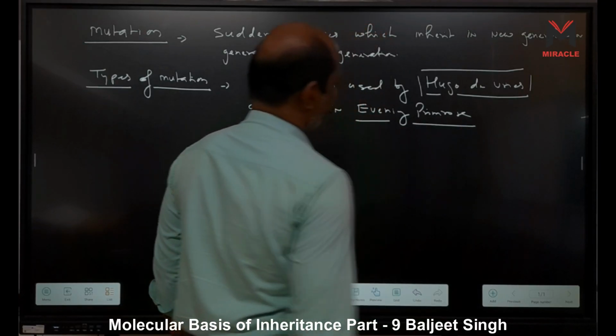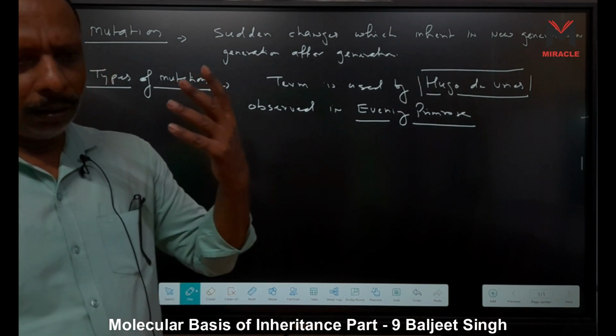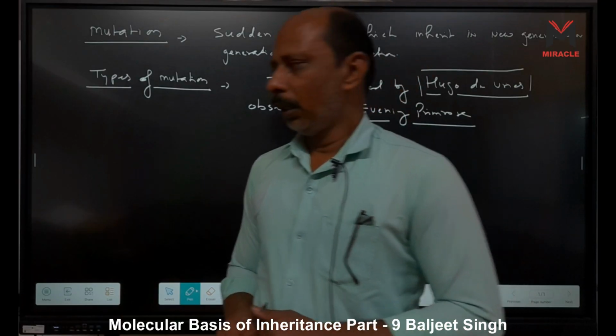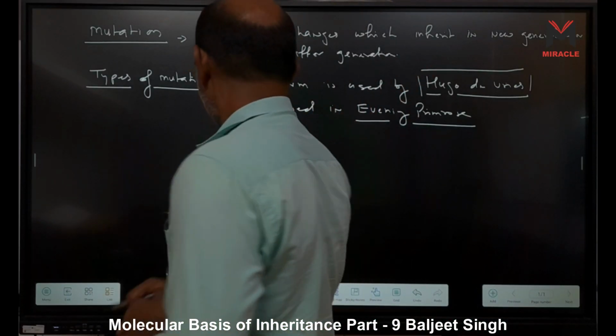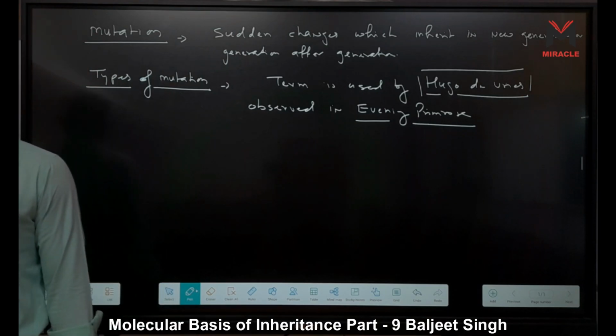That is important, because when we read Mendel's law, at that time I will also tell you that Hugo de Vries's experimental plant is evening primrose.